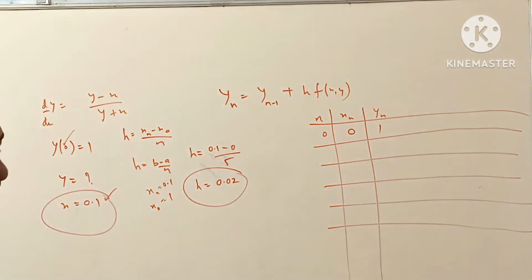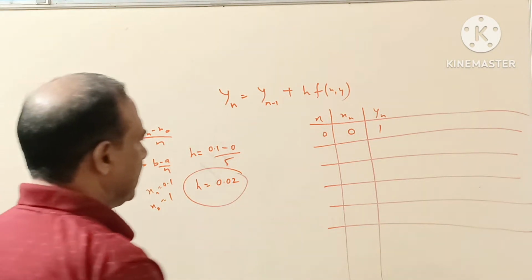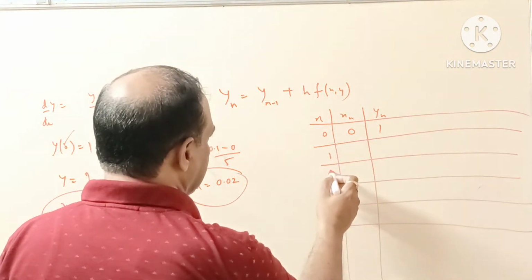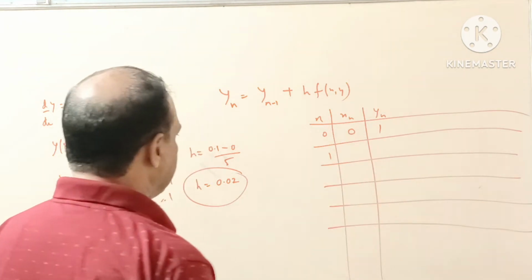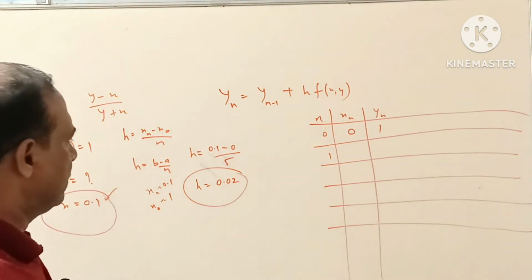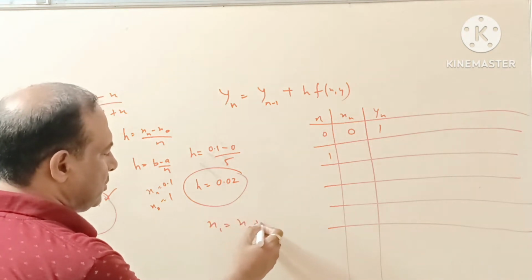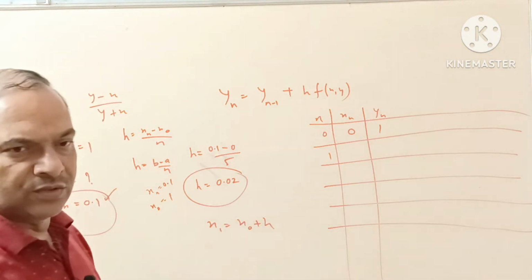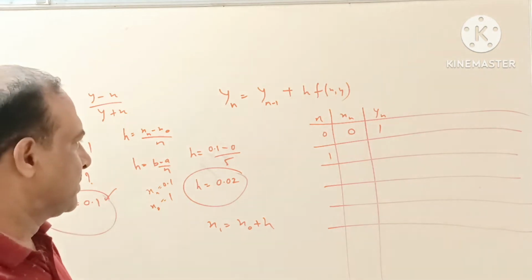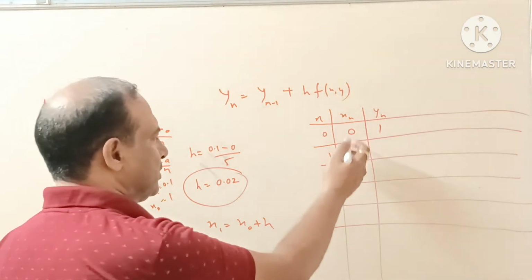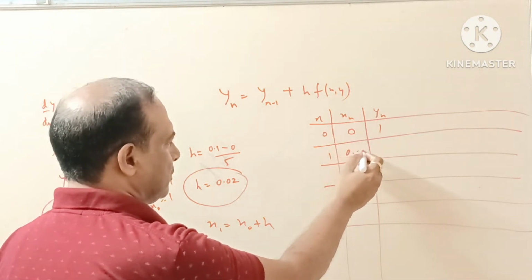Clear? Second, for n equals 1, how much will x_1 be? As I told you earlier, x_1 equals x_0 plus h. You have to add h to it; this is the step size. If you add h to 0, it gives you 0.02.